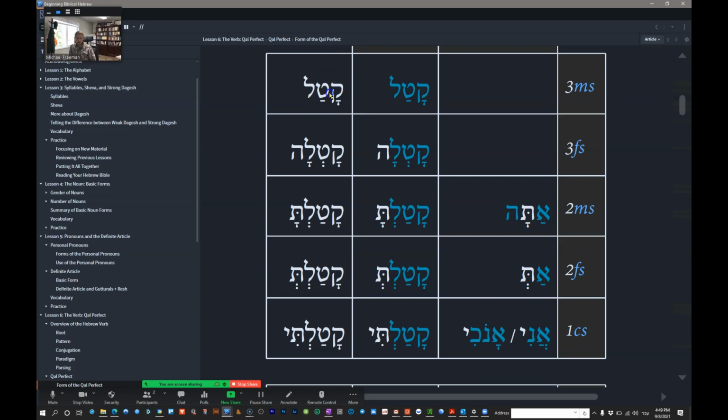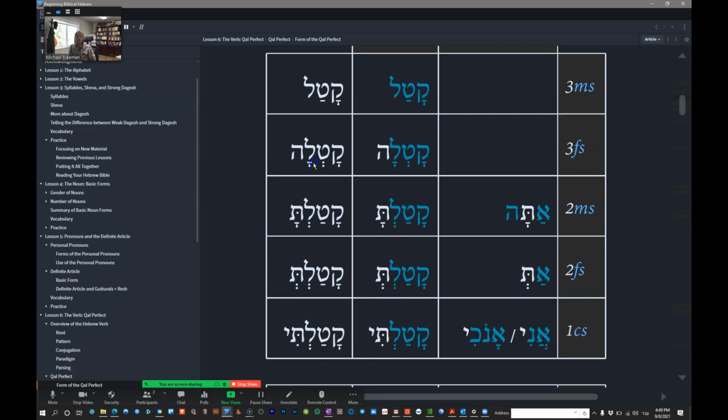Aleph, kametz, kaf, patach, lamet, achal. Third feminine singular, in order to make it feminine, as you saw with the nouns, we're just going to throw a kamatse ending on it. And so we would get achala, aleph, kametz, kaf.